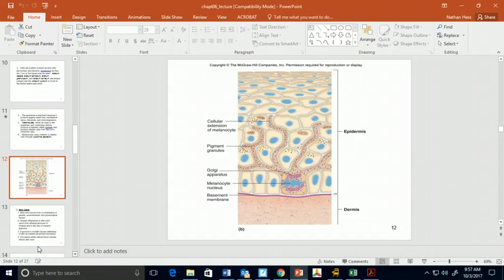I'll get your question in a second. Why do we have these melanocytes? Yes, ma'am. It is. What part of the sun in particular? The UV rays. And this happens to everybody: as you're in the sun, those UV rays hit our skin and we start producing more melanin.